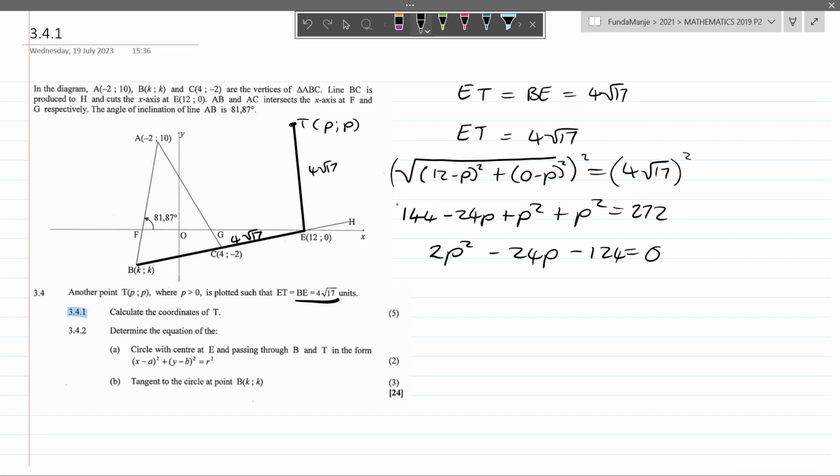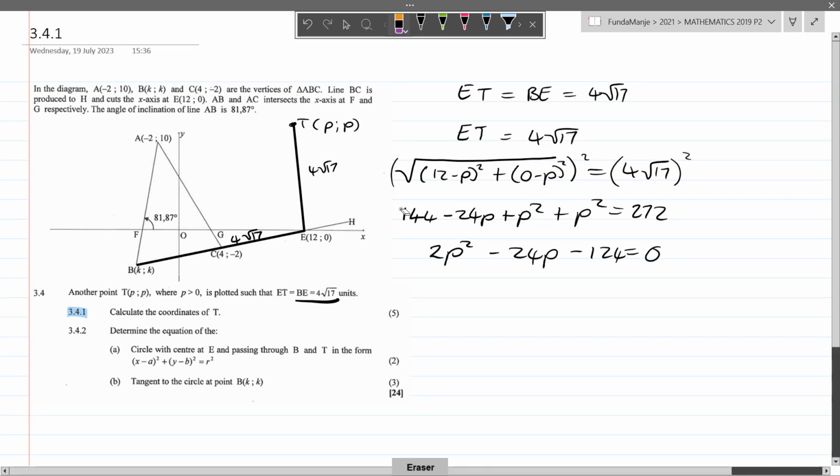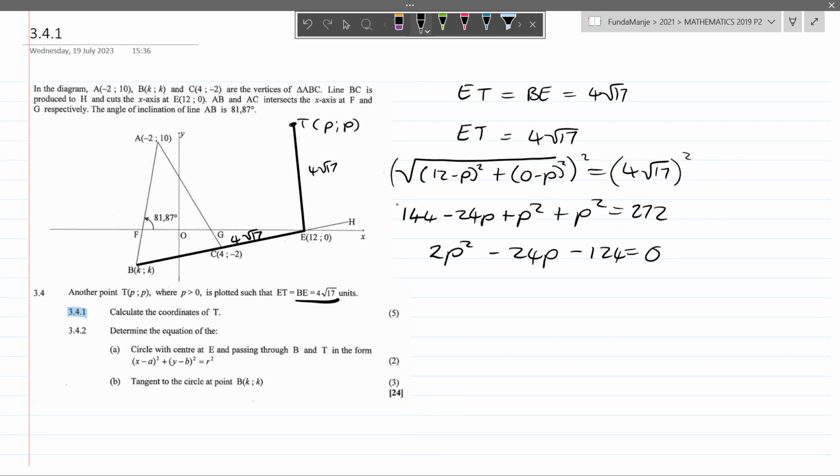Then we can divide through by 2, since all of them are multiples of 2, and working with a coefficient of 1 on the variable that has a degree of 2 is usually better, because you might make fewer mistakes. Or from this point you could use the quadratic formula. That is still an option as well.